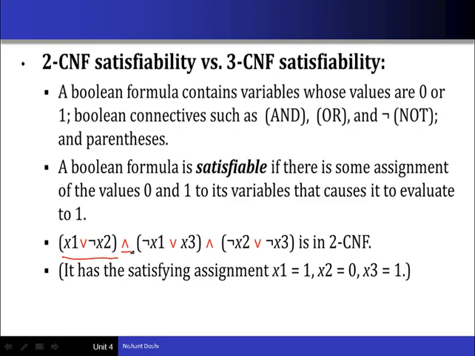Okay? So now you can see there is one assignment where x1 is 1, x2 is 0, and x3 is 1. So you put x1 as 1, this is true, yes. x1 and x3 are already 1, so this is 1, good. Now x2 is 0, so this one is a negative, again it's a 1, so 1 and 1 and 1.